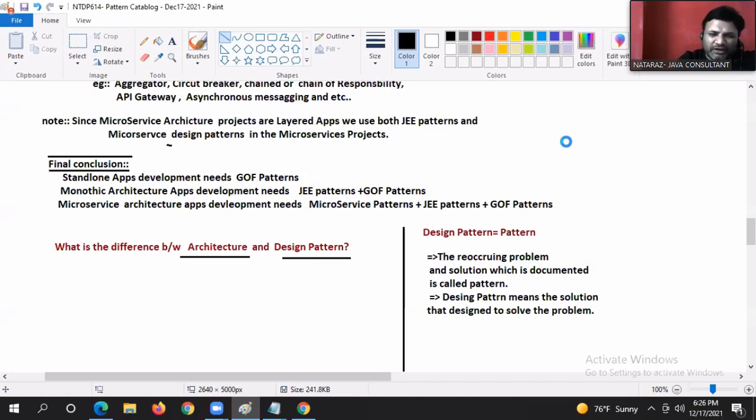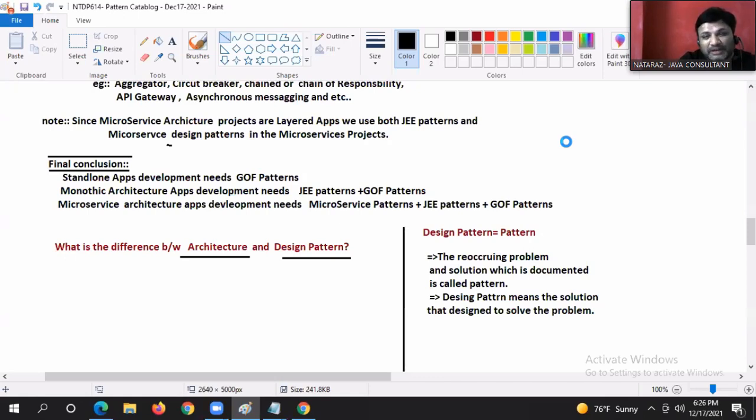I'll simplify your learning process, guys. To construct a house, a house plan will be there. That is called house architecture, which speaks about the end-to-end construction process. While constructing the basement, there will be some problem.